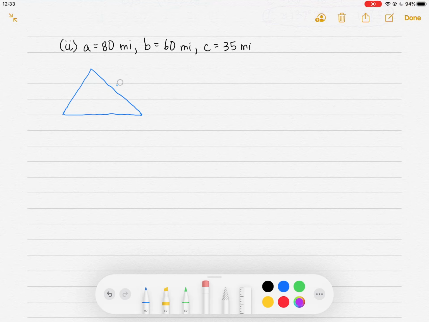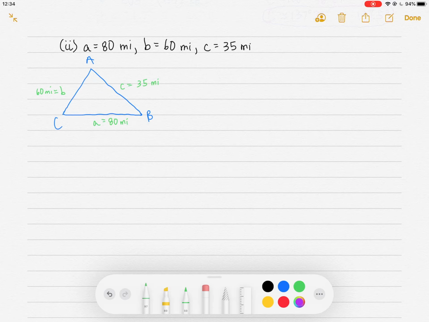I guess it doesn't really matter. Let me just label big A, big B, big C. Then I've labeled little a, little b, little c. I know all of my sides: 80 miles, 60 miles, and 35 miles. Not drawn to scale, but that's okay.